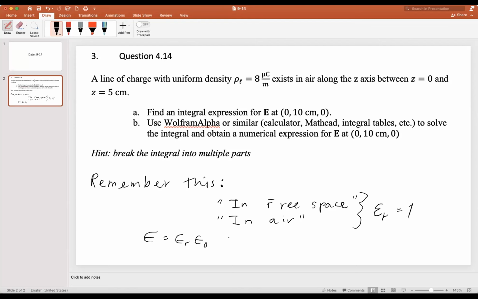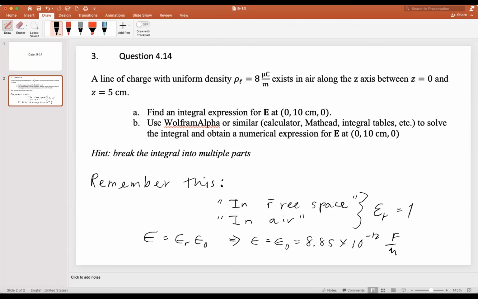All right, so we can say that epsilon is equal to epsilon naught, which is 8.85 times 10 to the minus 12th farads per meter.